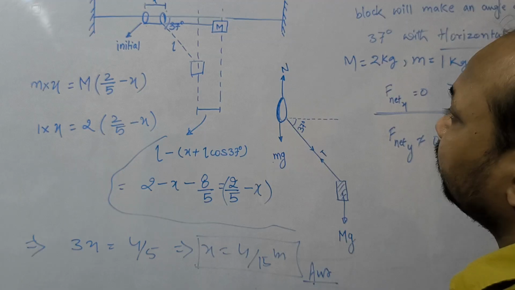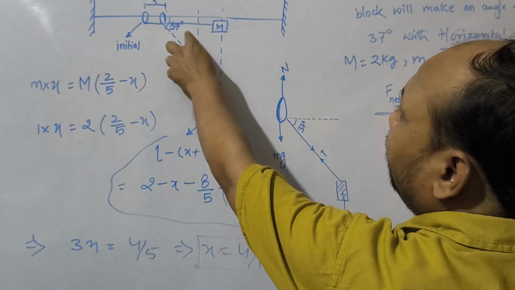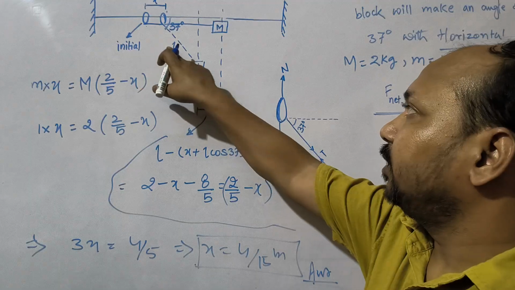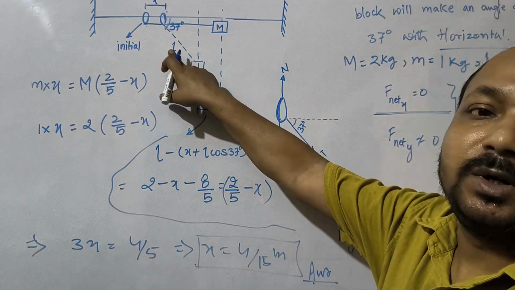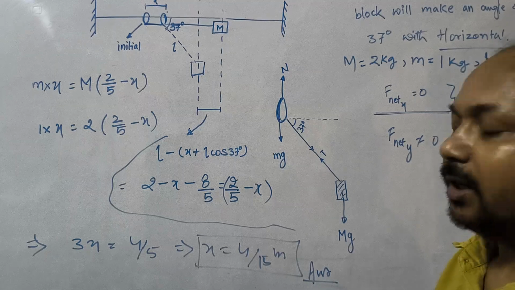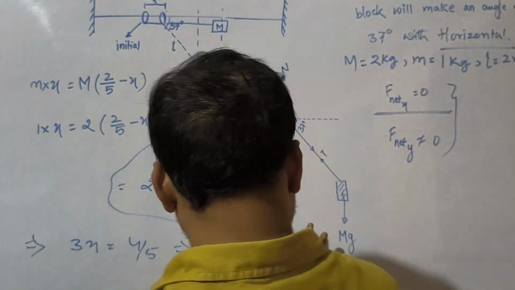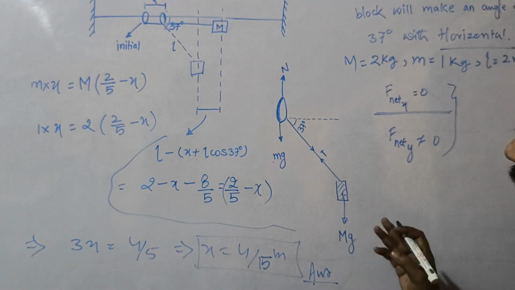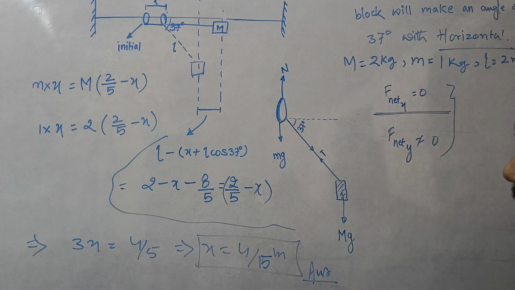When the block shifts up to an angle of 37 degrees, the bead will shift in the forward direction for a distance of 4 by 15 meter. 15 it is. Okay, 4 by 15 meter. I think it is the correct answer.